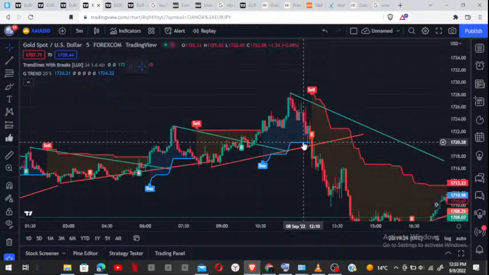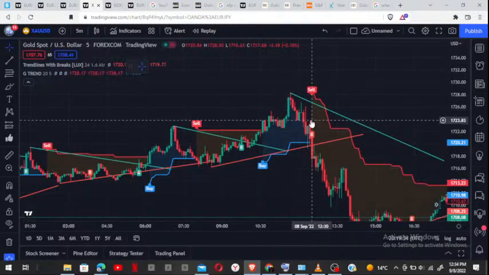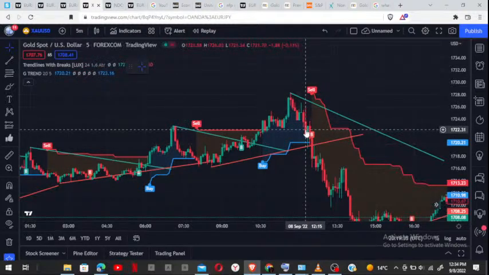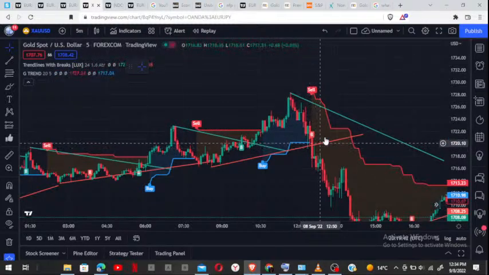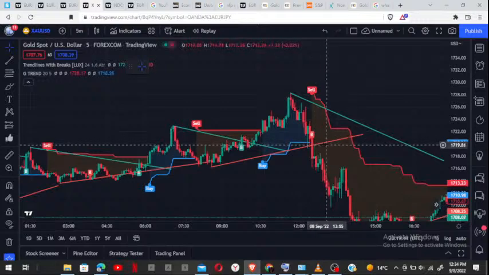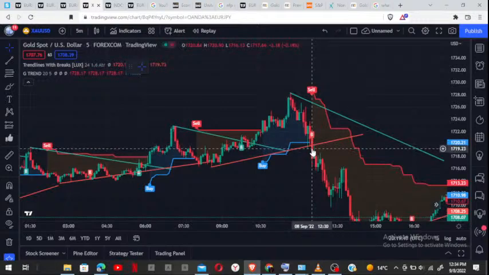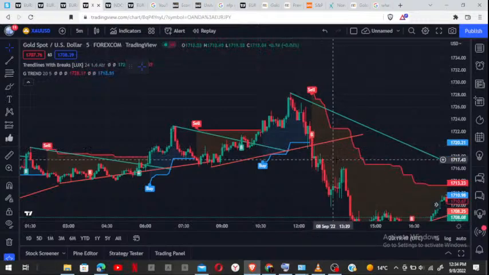You don't want to just get in the market because you think that you're missing out on something. So if you want to take sell positions in this market, you wait for the prices to break below the red line. Once that happens, that gives you a clear indication that the market is going down.